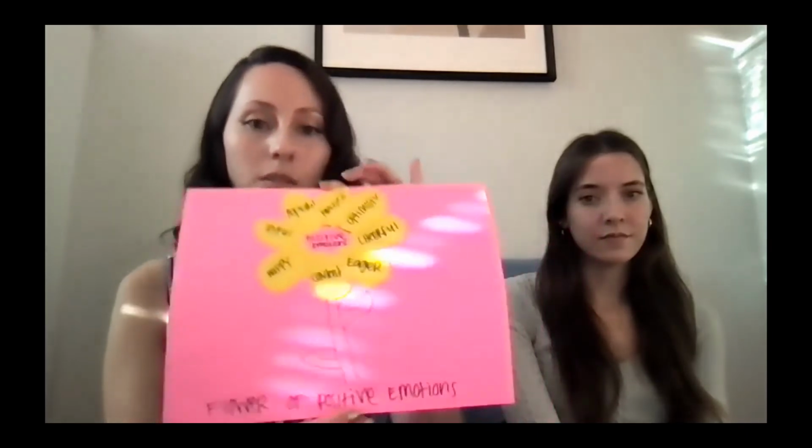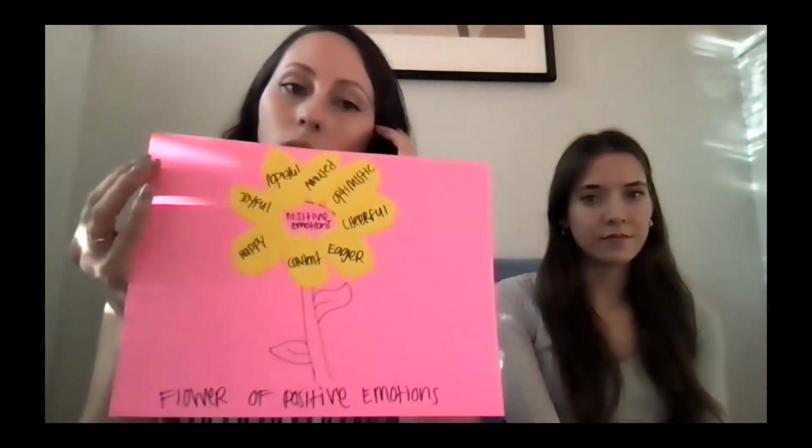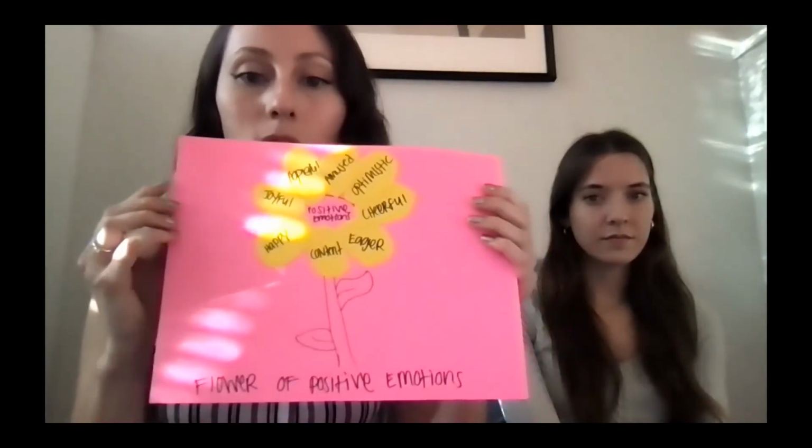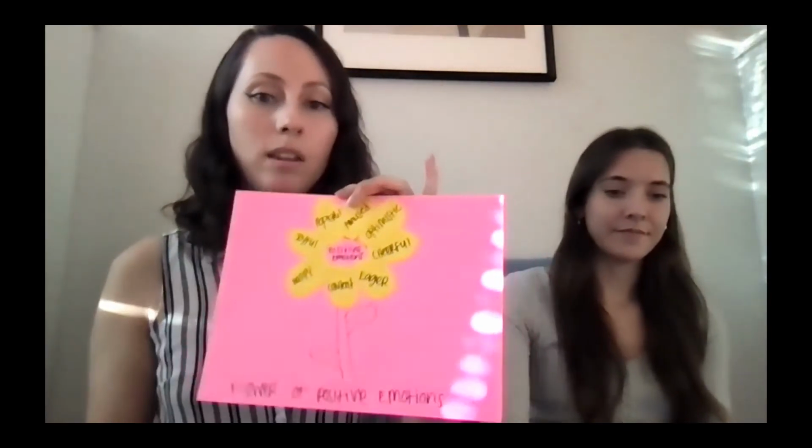And we're going to talk about the flower of positive emotions. This is the activity you all will be doing. You're going to have a piece of cardstock paper, and then first just draw a flower, but just draw the stem. And then you should have more paper in there to cut out petals for your flower.